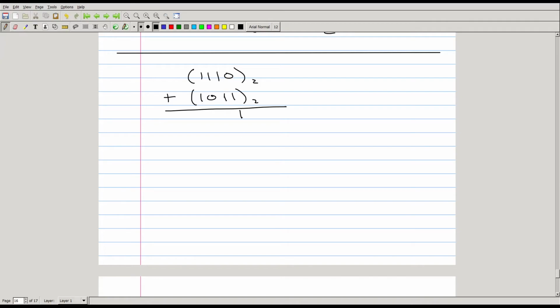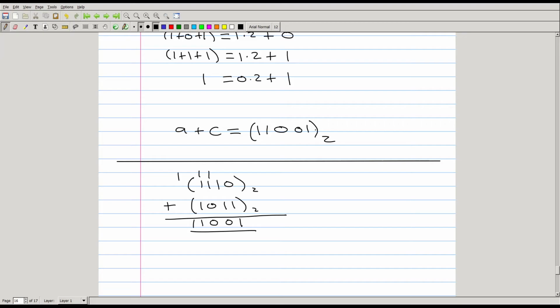The next order up is 1 plus 1, which is 2, or 0, with a carryover of 1. 1 plus 0 plus 1 is going to be again 2, which is 0, but a carryover of 1. And then 1 plus 1 is 2, which is 0, a carryover of 1, but plus this other one right here gives me a 1. And then 1 plus 0 is 1. And I'm left with the exact same value that I got before.